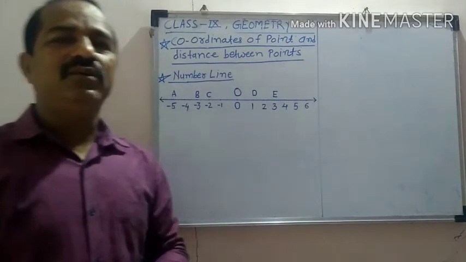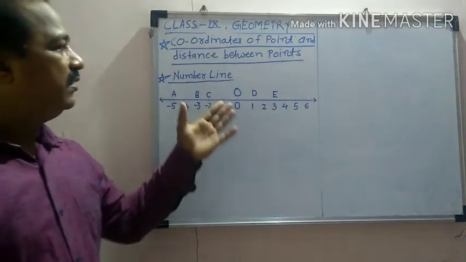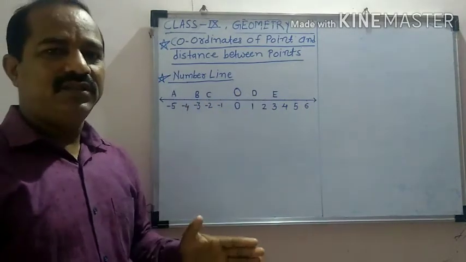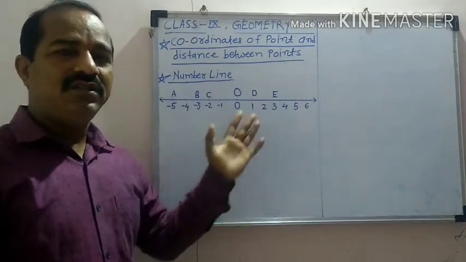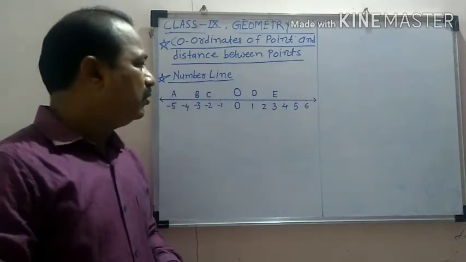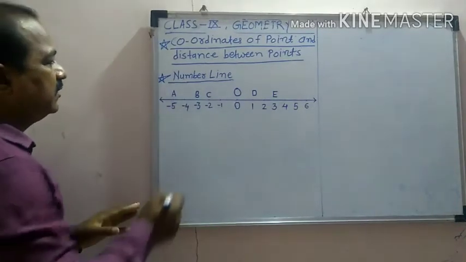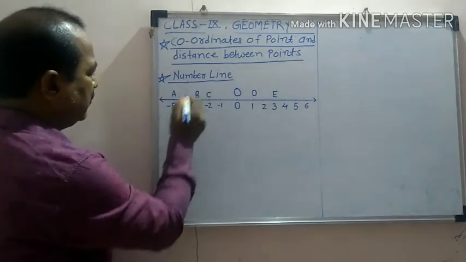Now we have to find the distance between any two points. Before that, here we write the definition of number line.